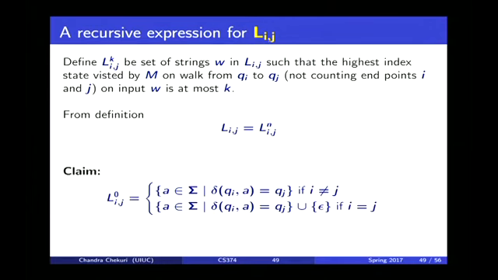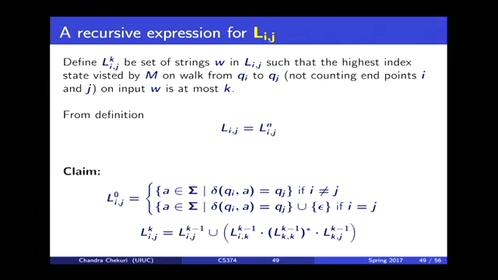Okay, but you can write a very simple recursion for Lijk. Lijk is Lijk minus 1, that is you don't use the kth state. So it's the set of all strings which take you from i to j using only 1 to k minus 1 in the intermediate states.